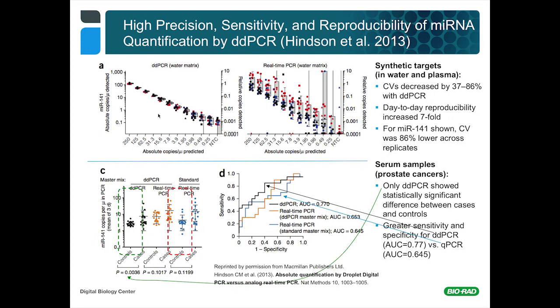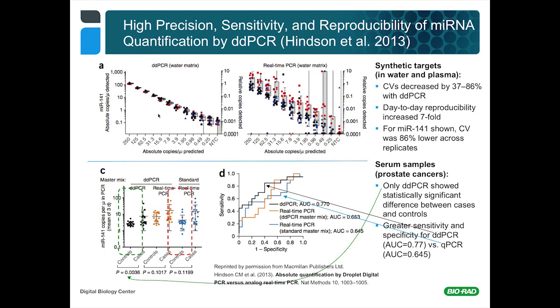And it's only with droplet digital PCR that you can actually establish statistically significant association of that marker with prostate cancer in these samples.